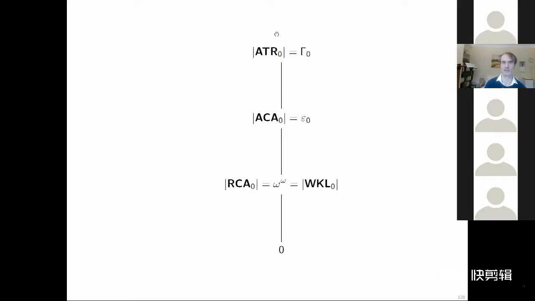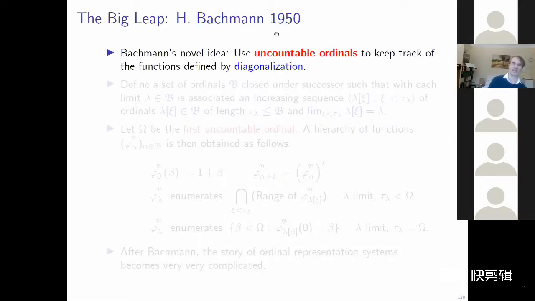Here one needed a new idea, and I will only very briefly touch on it. This idea presented a big leap in proof theory. It was done by Bachmann in 1950. He had a very audacious idea, which I will only indicate very briefly.